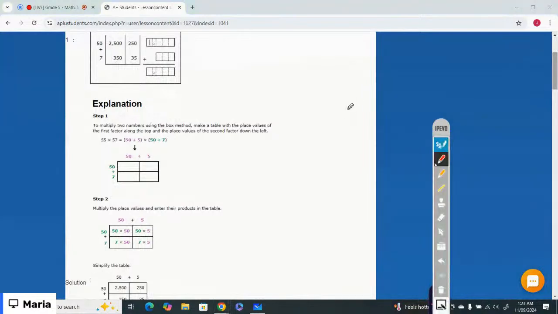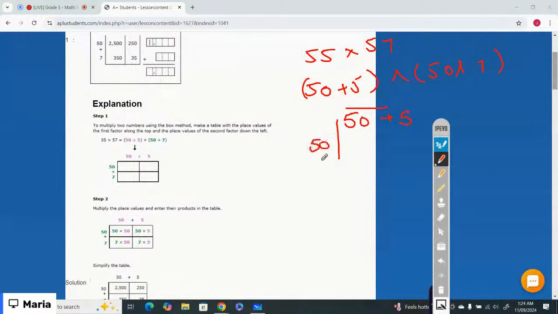You can write 55 as 50 plus 5, and the other number as 50 plus 7. So here you write 50 plus 5 and here 50 plus 7, right? Then you have to multiply like this.